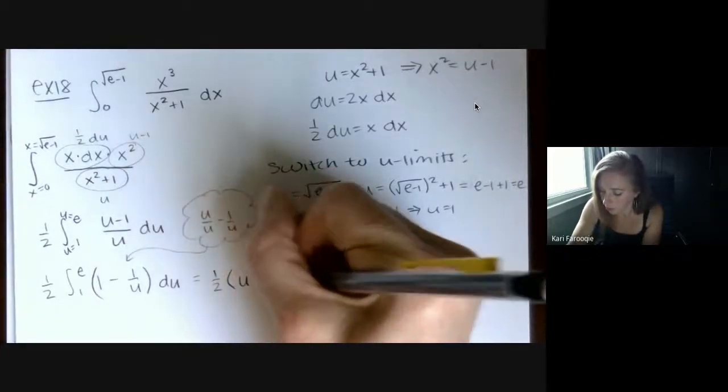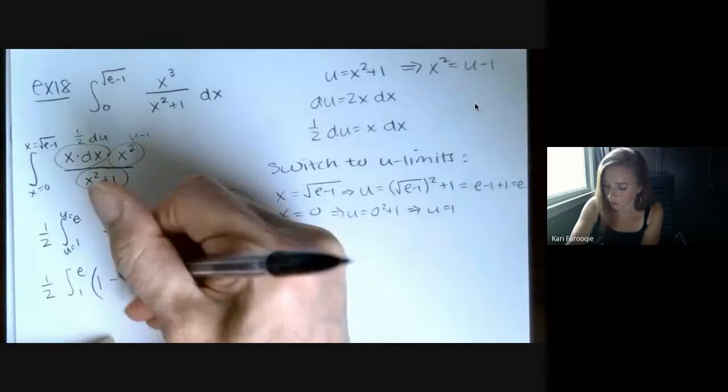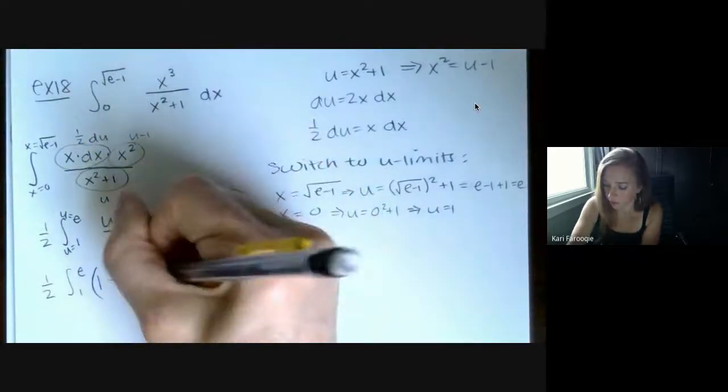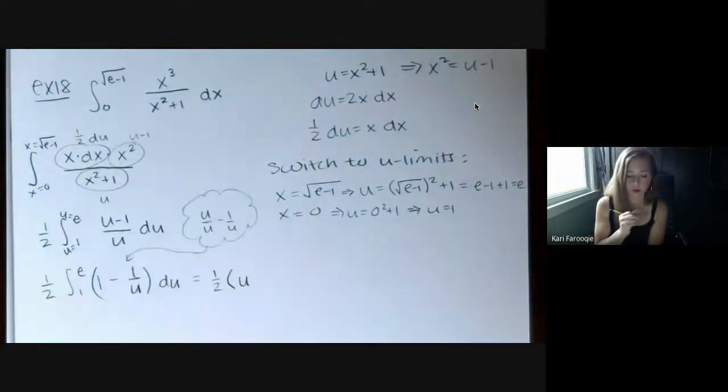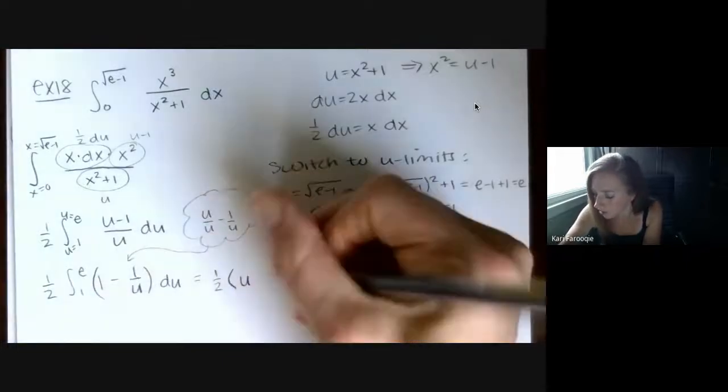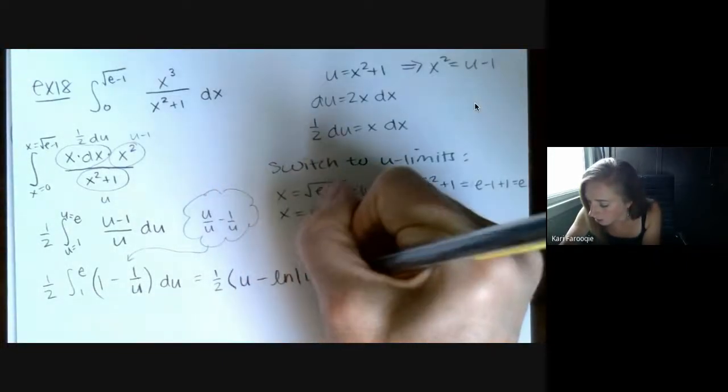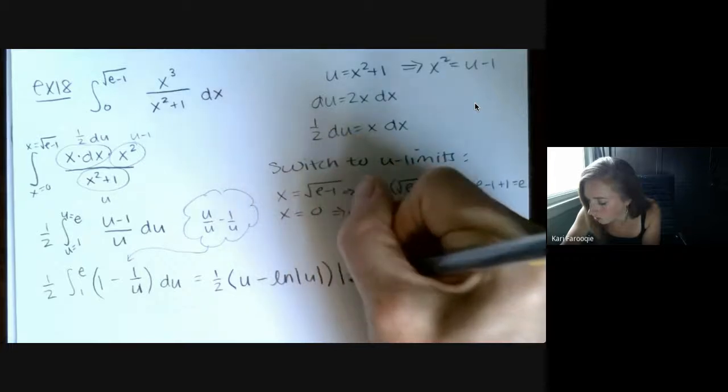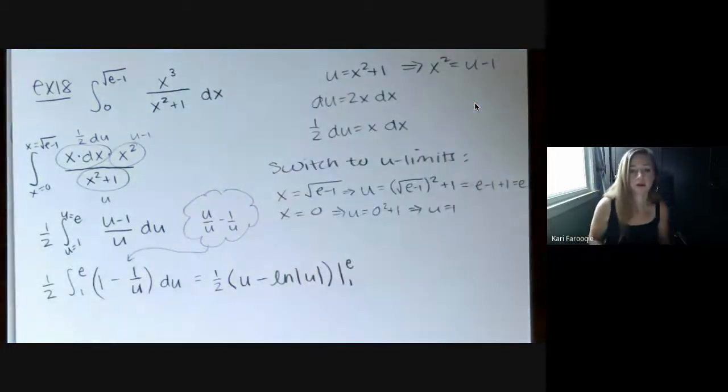So we'll have u. Oh, and of course you like the 1 over u. We already know that 1 over u is the derivative of the natural log of u. So yes, definitely leave it like that. Minus ln absolute value of u, and you'll take that from 1 to e.